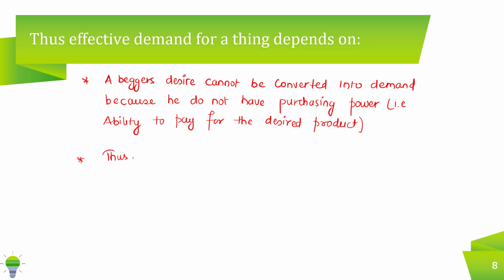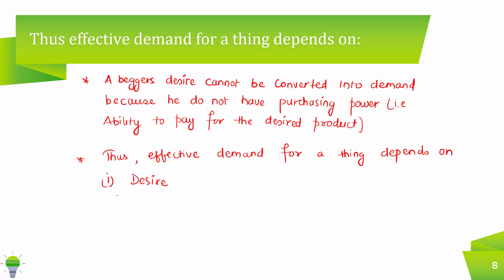Thus, we can say that effective demand for a thing depends upon these following things. Number one, the person should have desire for something. But only desire will not make sense. He also should have resources to purchase, resources to make purchase.